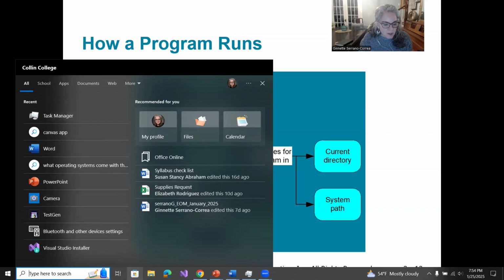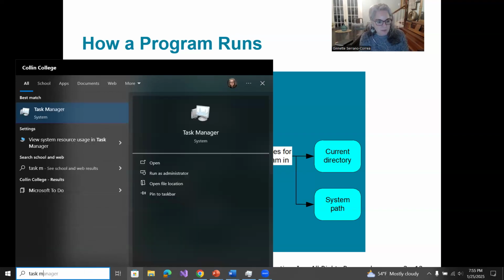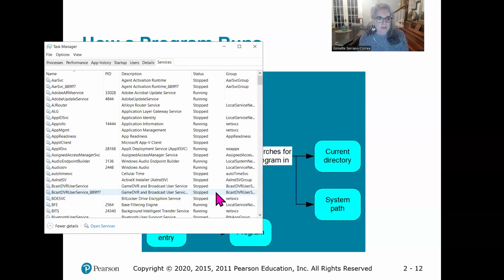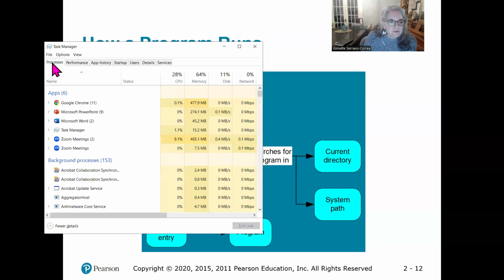You'll just type Task Manager. It comes up. And then if you click on process in the task manager, you're able to see all the processes that are running and how much memory and CPU they're taking.